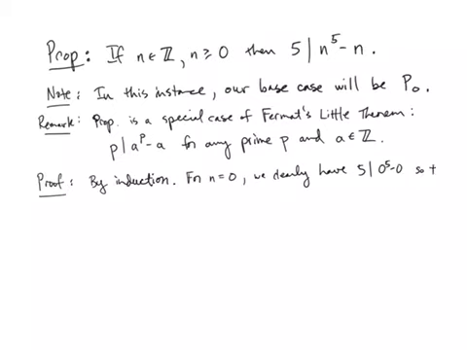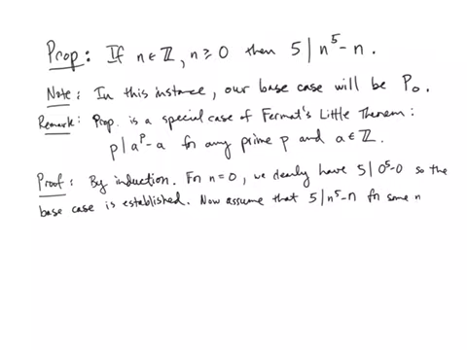So the base case is established. Okay, so now assume that 5 divides n to the 5th minus n for some n in z, n greater than or equal to 0. Okay, and this is the inductive hypothesis, just to remind you of the terminology again.